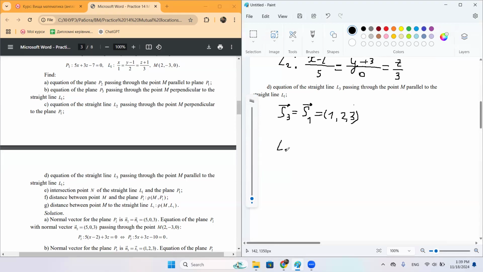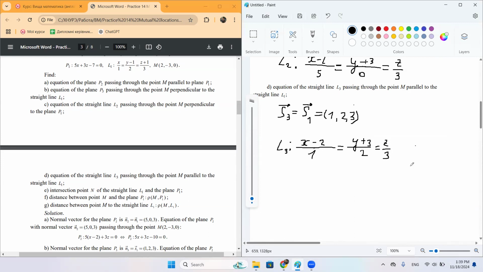So the equation is the following. X minus 2 by 1 equals y plus 3 by 2 equals z by 3.